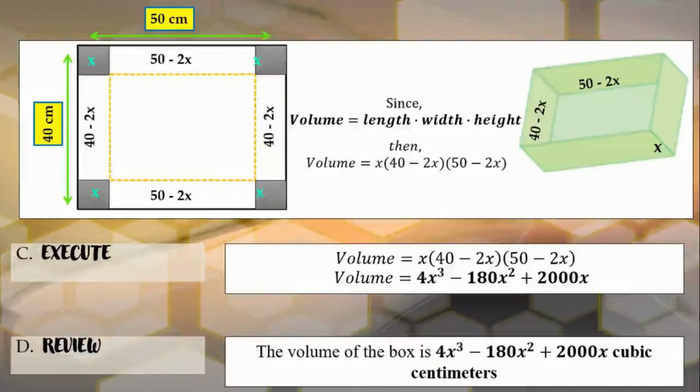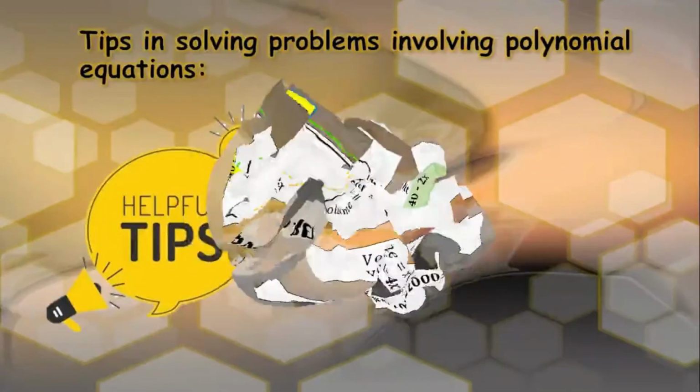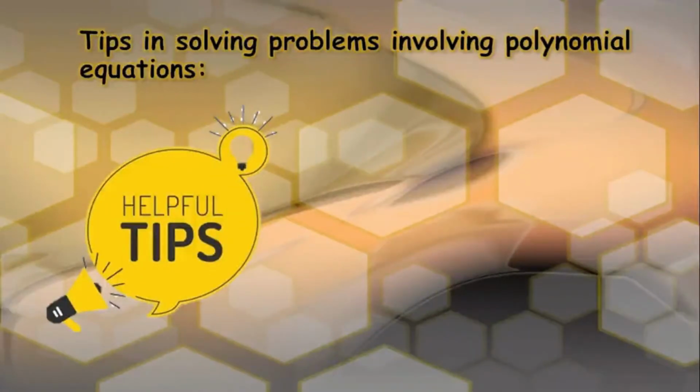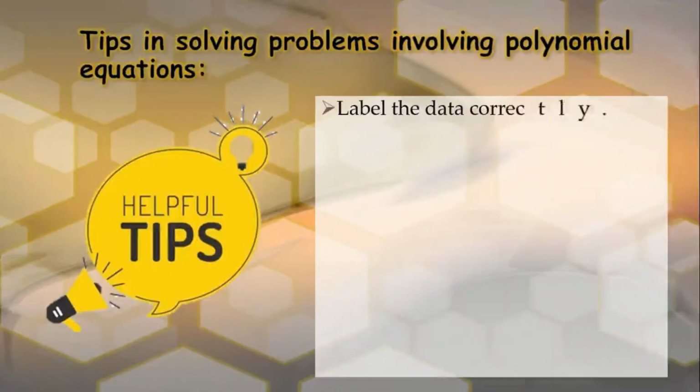Let us now proceed to polynomial equations. So, i-consider pa rin natin yung mga steps na ginawa natin kanina sa pagsosolve ng polynomials. So, ito ay mga additional tips in solving problems involving polynomial equations. Number 1 is to label the data correctly.